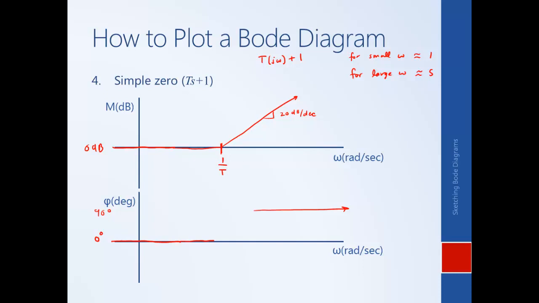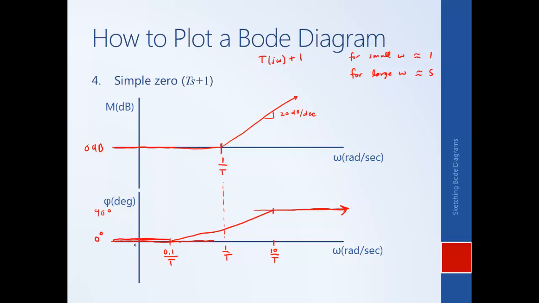For the phase, we'll approximate it as being 0 and then running up to plus 90. We'll approximate this as being halfway at 1 over t, and we'll reach 90 degrees a decade after that break frequency, and we'll start to move up a decade before that break frequency.